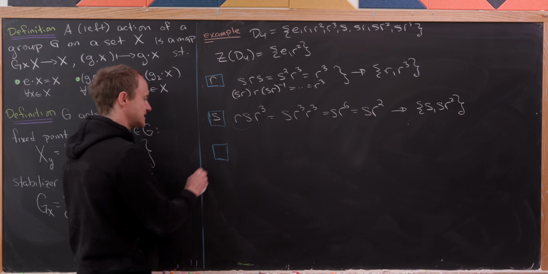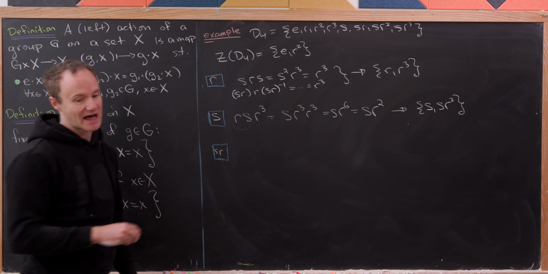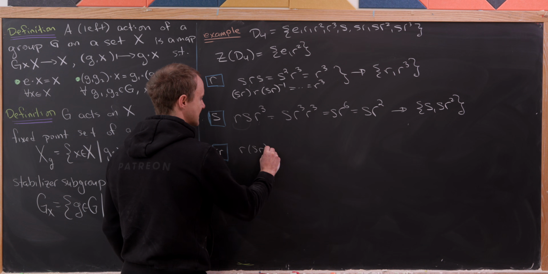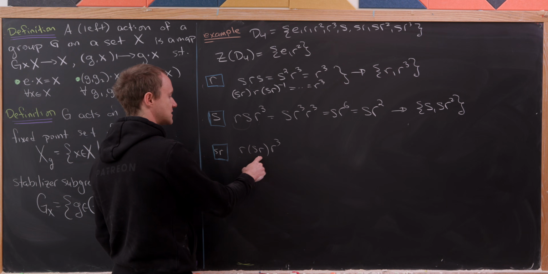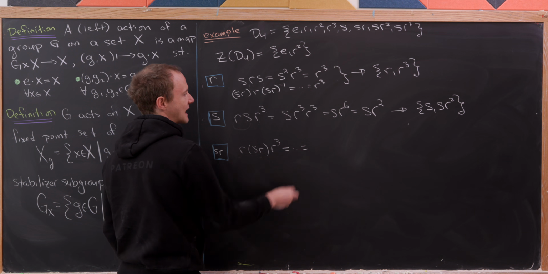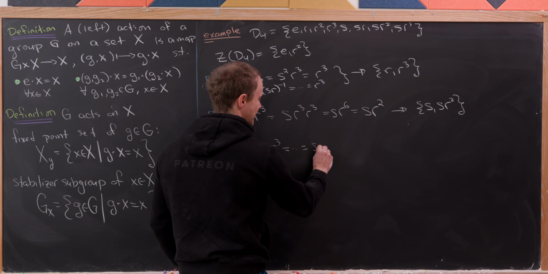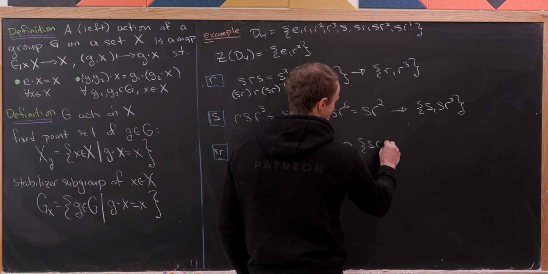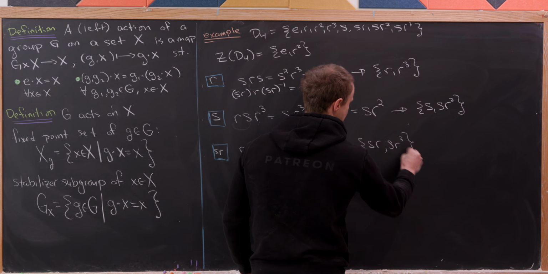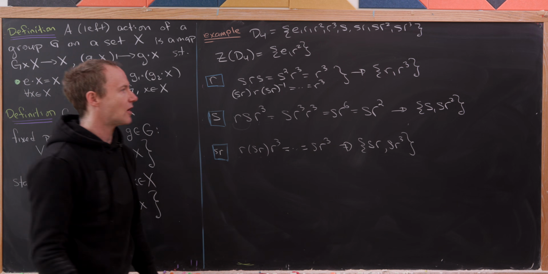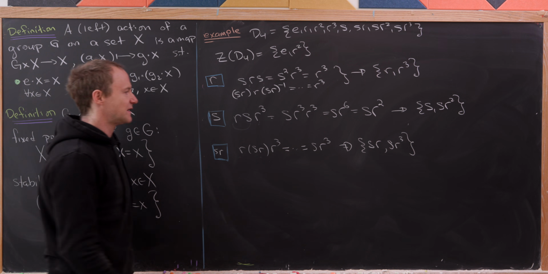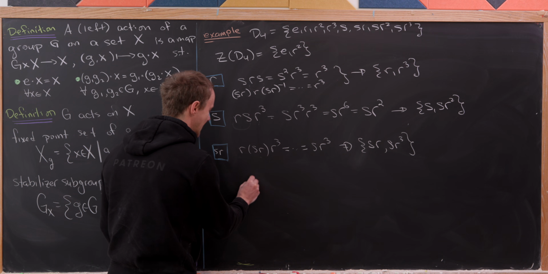Now, what's the conjugacy class of s r? That should be the last thing here. So what we'll do is take the rotation, conjugate with s r, so that means we've got r, s r, r cubed, and you can do the calculation, but what you end up with here is s r cubed, meaning our conjugacy class here is s r and s r cubed. But now we've exhibited all of the elements of D4 inside of a conjugacy class, so we've got our class equation.